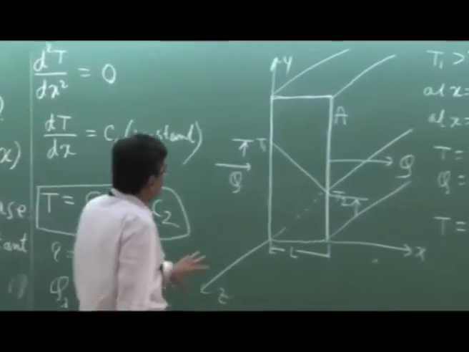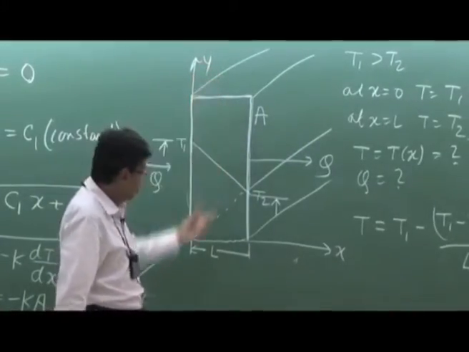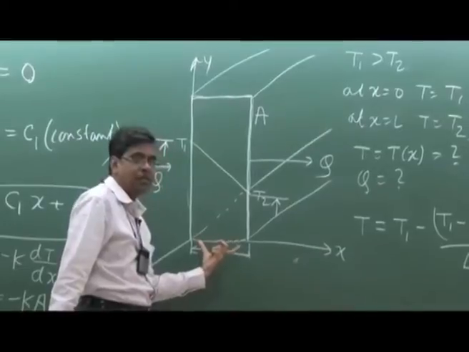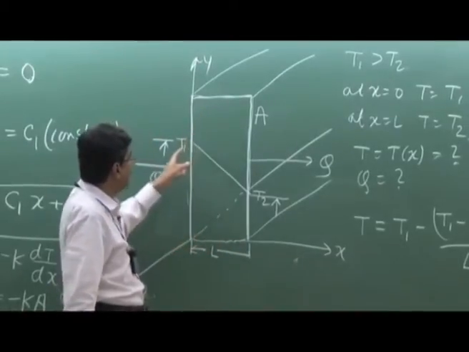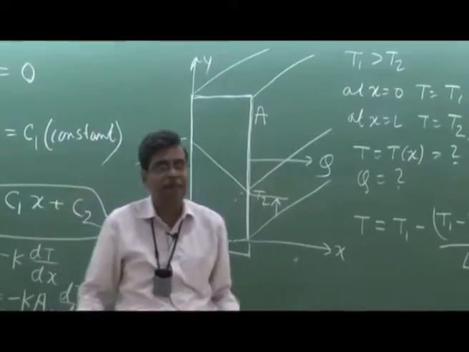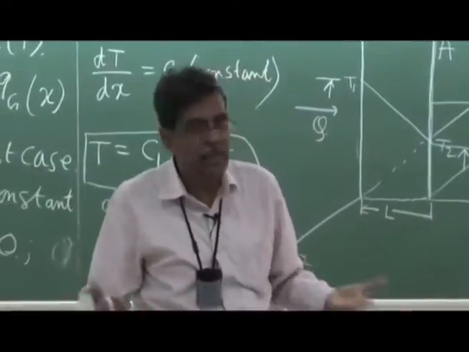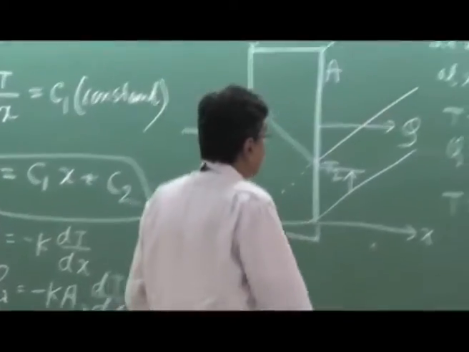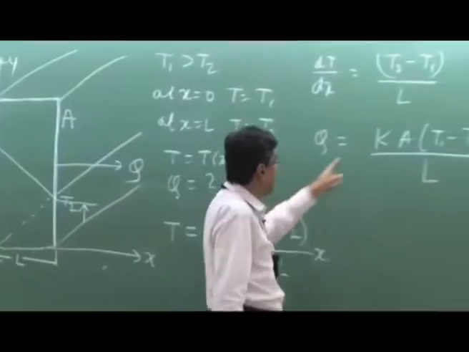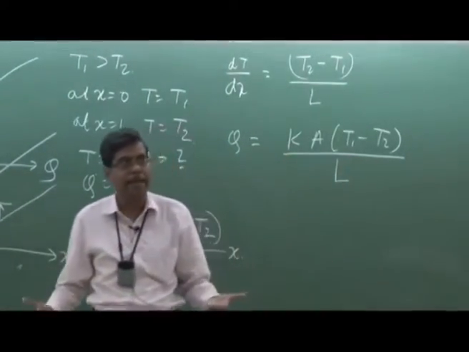That means for a long slab or a wall whose thickness L is much small compared to other dimensions, and if we can keep the two surfaces at constant temperature T1 and T2, one is higher than the other, here T1 is higher than T2, then and with thermal conductivity K constant we get the heat flux equation like this, which is independent of x.